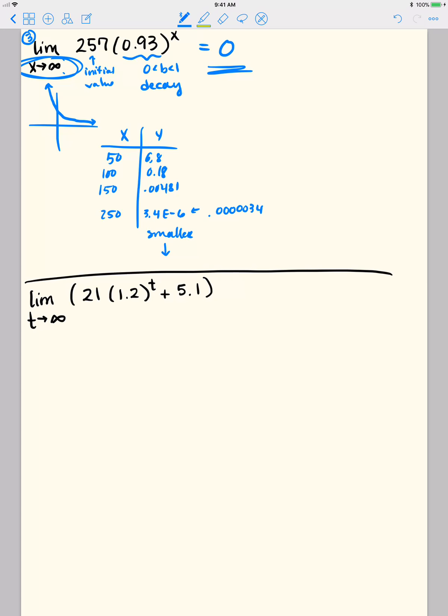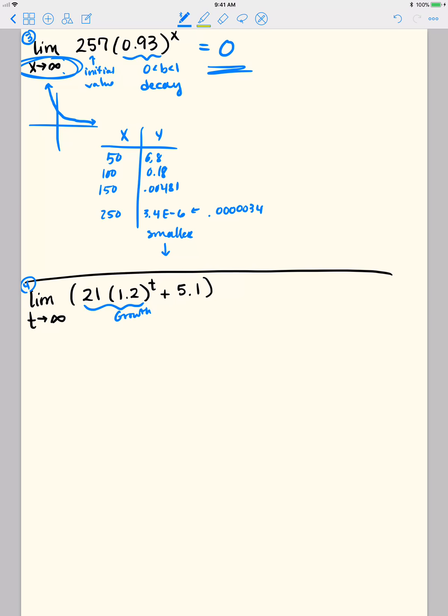All right, fourth example here. Different variable, still the same idea. So we're looking at the limit as t approaches positive infinity of 21 times 1.2 to the t power plus 5.1. For this example, the first piece is an exponential growth formula. The number being raised to the exponential power is a growth factor. It's bigger than 1, 1.2.